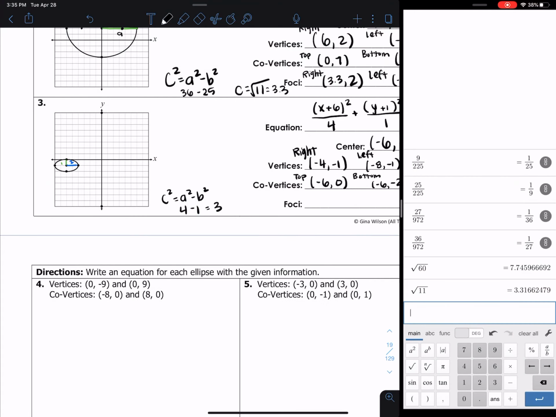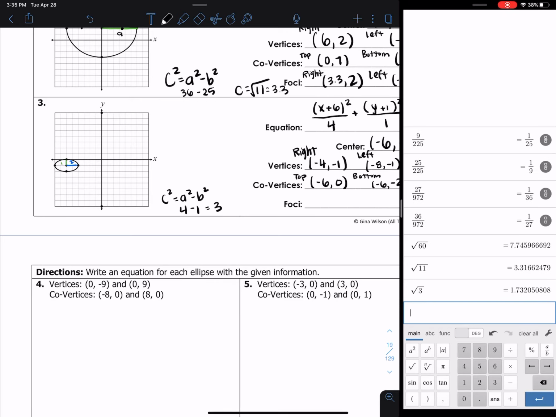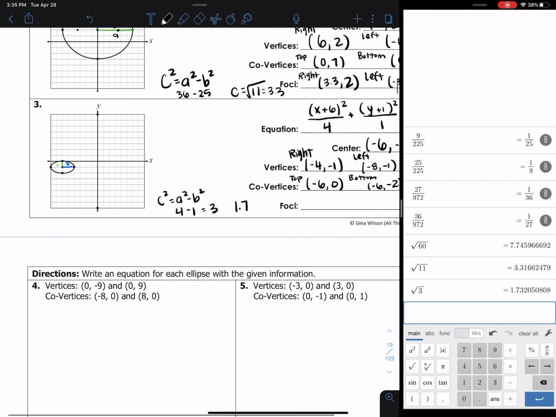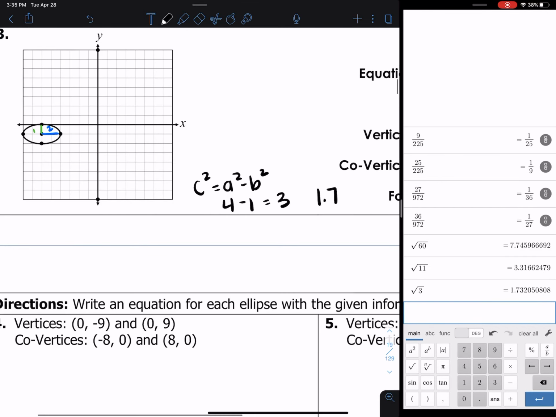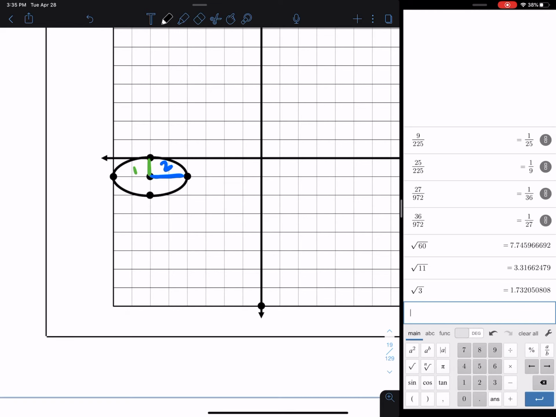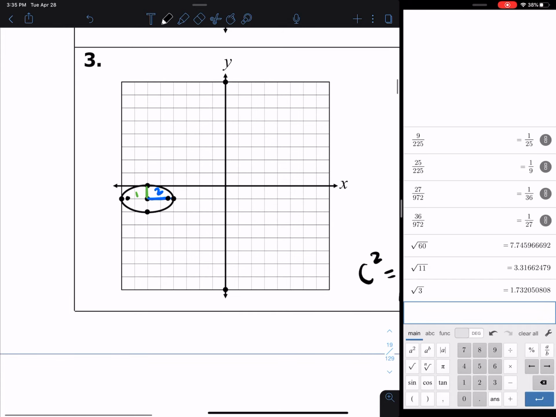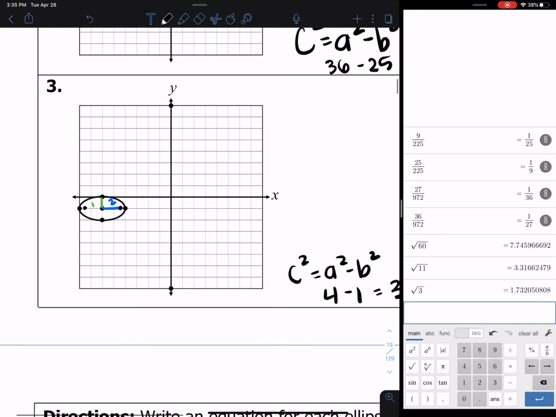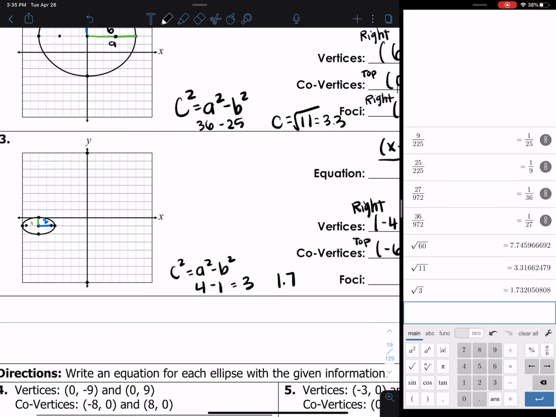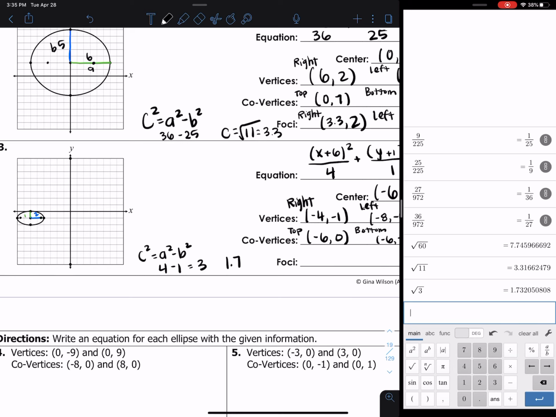So if we find the square root of 3, that's 1.7, because we're going to approximate it to 1 decimal place. So we need to go 1.7 to the right and to the left, and then we'll put those coordinates on here. So for the right focus, this would be -1, 2, 3, 4.